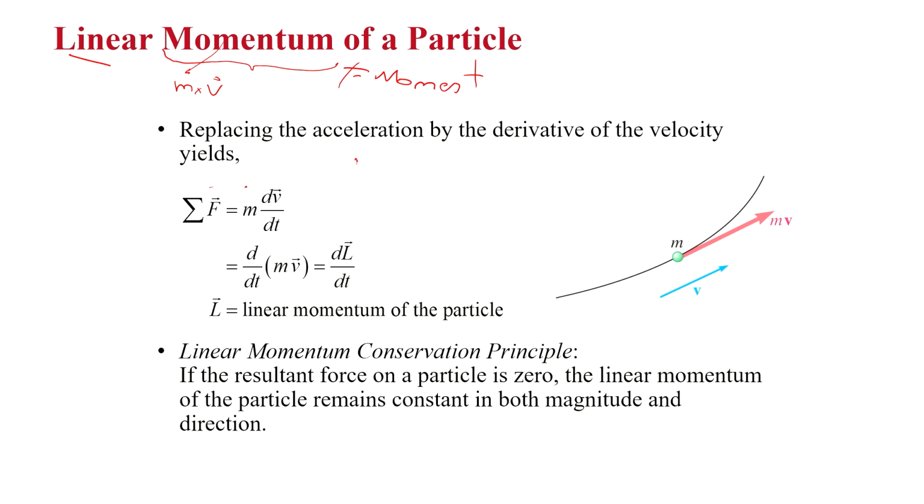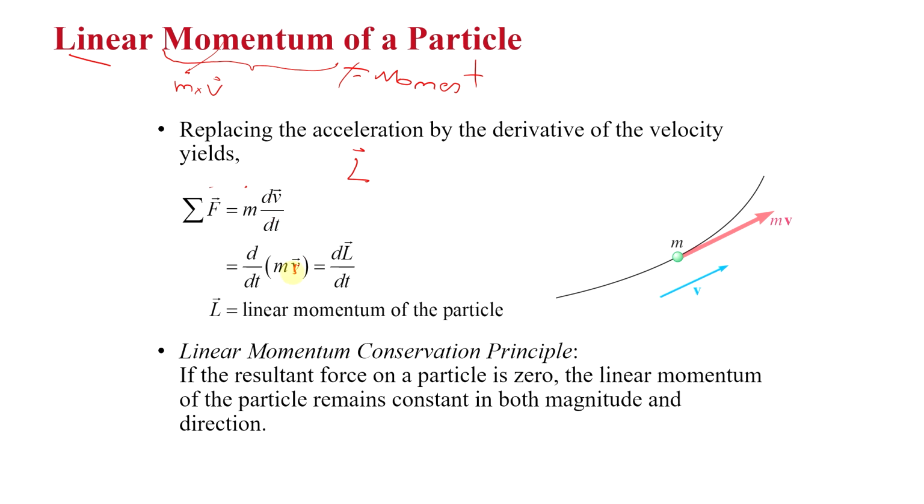So momentum is given by the capital letter L, which is a vector because of the velocity part. The change of the velocity, actually this is a typo in your book, it is not mass times acceleration, it is mass times velocity.